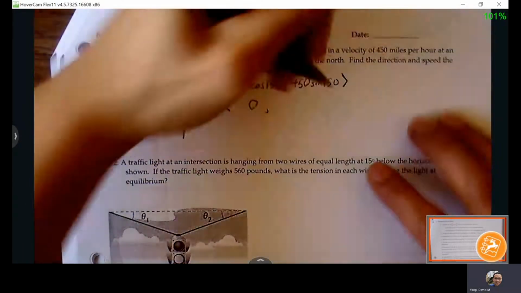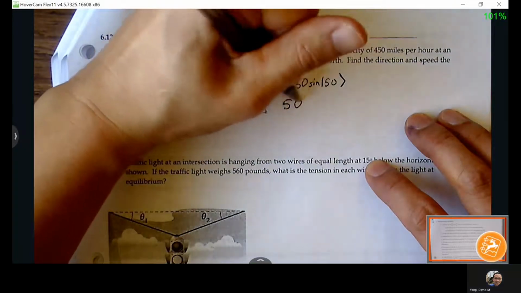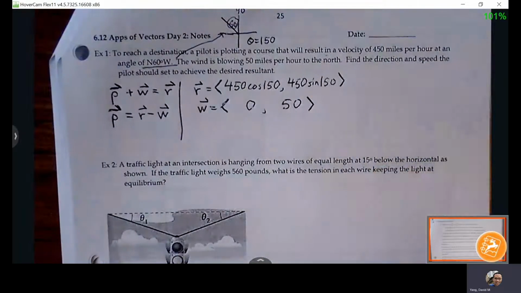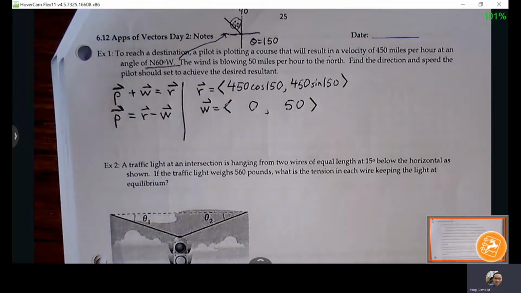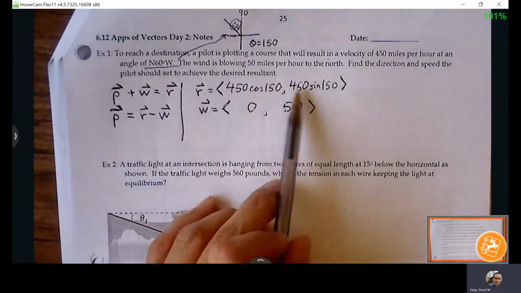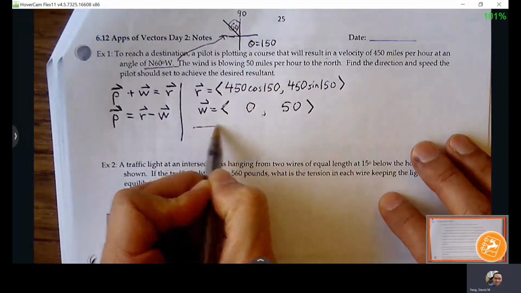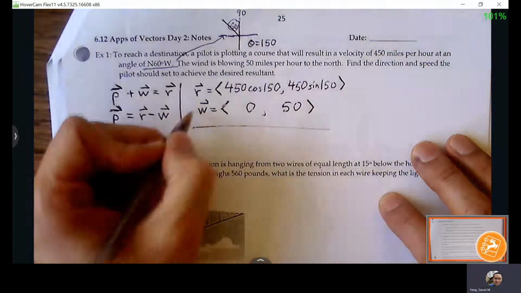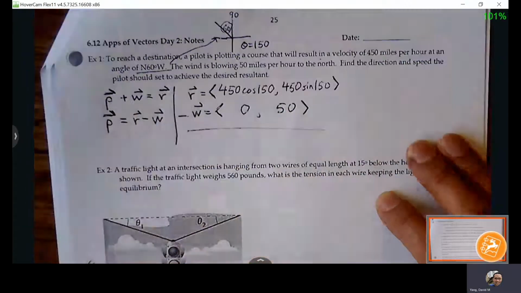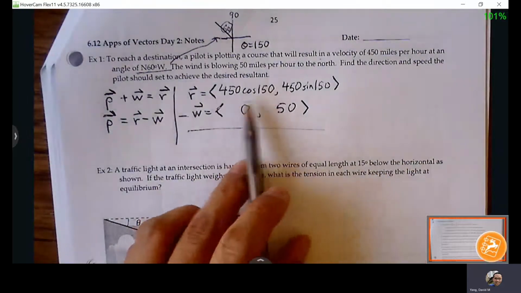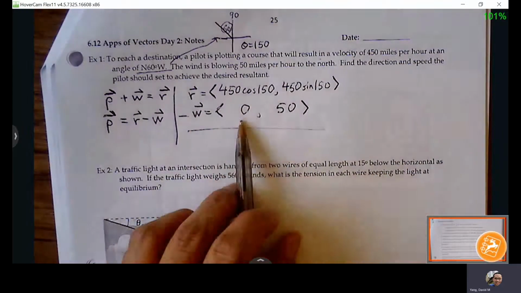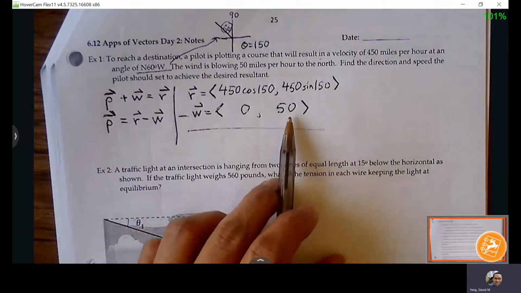Okay, sorry, yeah, it is, it's 0, 50. Okay, but we're going to subtract, right? Because it's the resultant vector minus the wind that will give us the plane's direction. So 450 cosine 150 minus 0, and then 450 sine 150 minus 50.